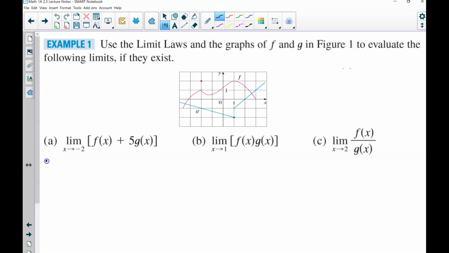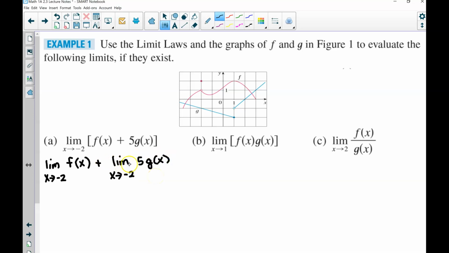We have the limit as x approaches -2, and we're expanding this using the sum law, of f of x, plus the limit as x approaches -2 of 5, which is the constant, times g of x.